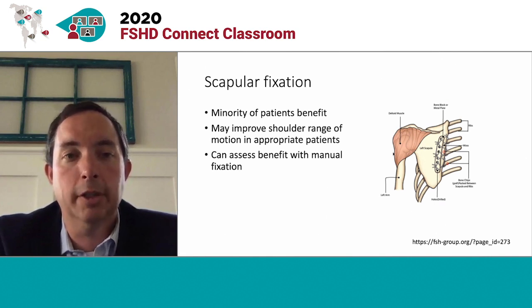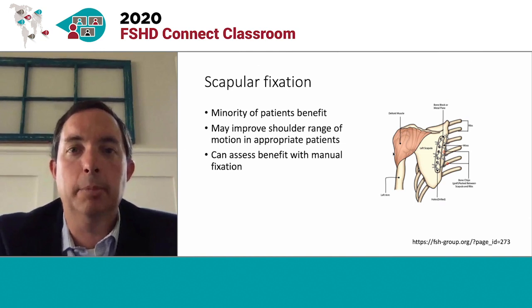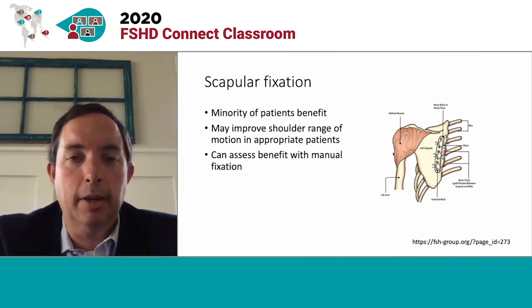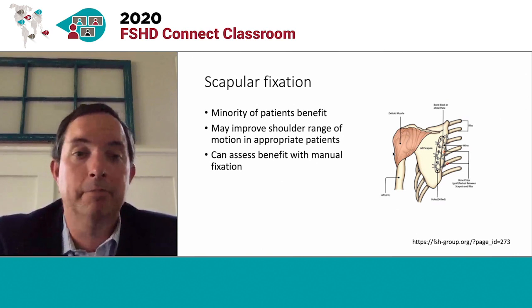This surgery is beneficial for a minority of patients, I would say. You can often tell who's going to benefit from this surgery with manual fixation of the scapula. When I see people in clinic, I'll often manually fixate the scapula. It's pretty obvious whether or not somebody's going to benefit from this surgical approach because their arm goes up quite a bit.